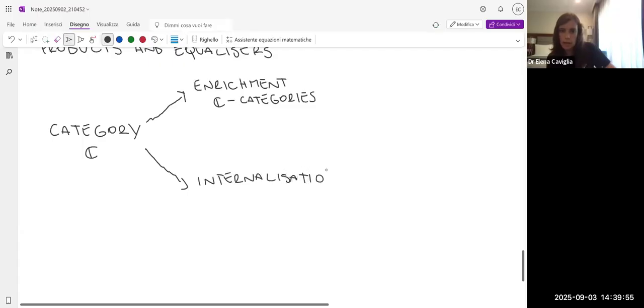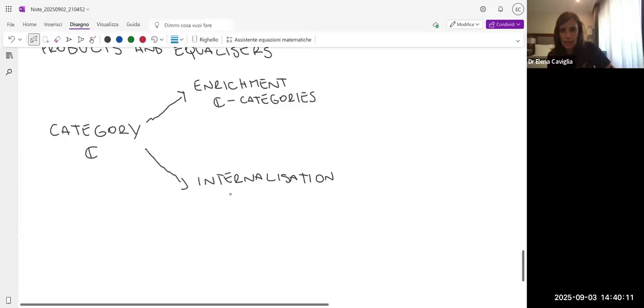So instead of changing our homs, what we want to do is take the category C, look inside the category C, and construct categories inside this category.